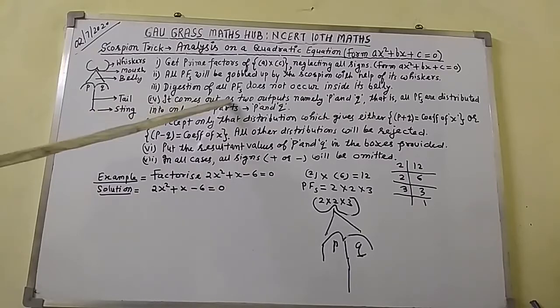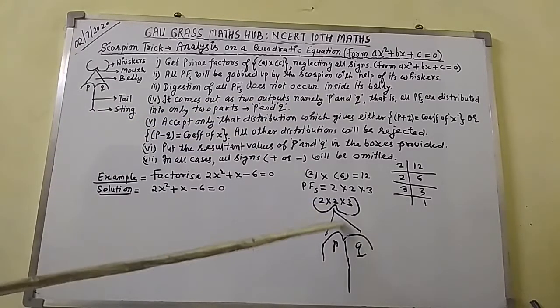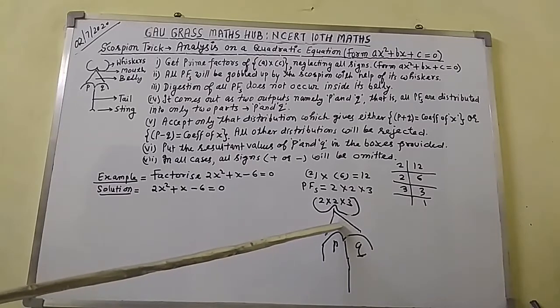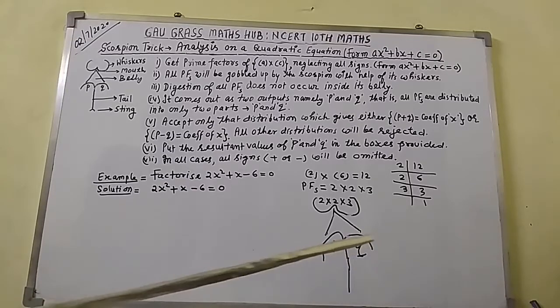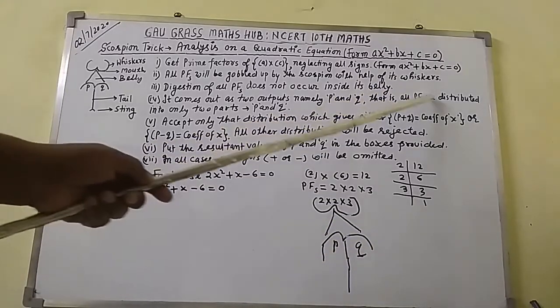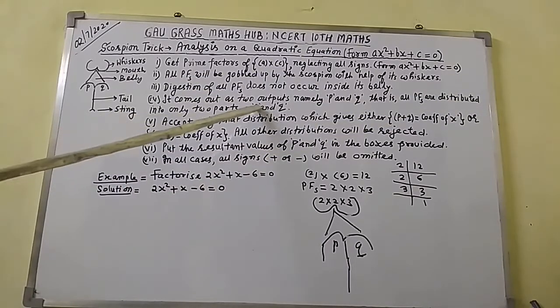It comes out as two outputs, namely P and Q. Since all these PFs have gone into its belly and have not been digested, all PFs have come out into two outputs, namely P and Q. That is, all PFs are distributed into only two parts, P and Q.